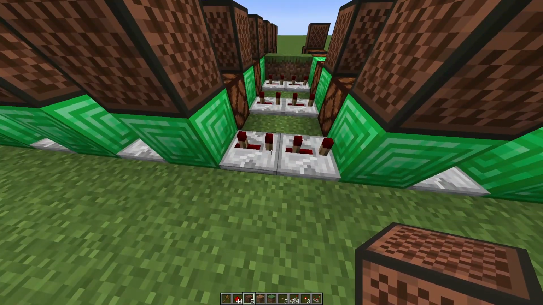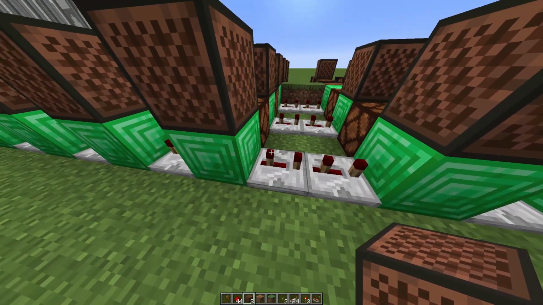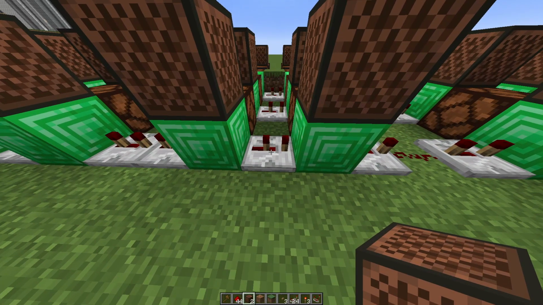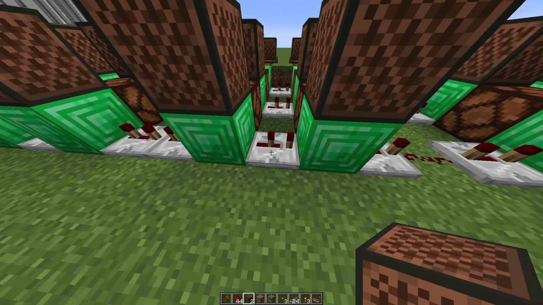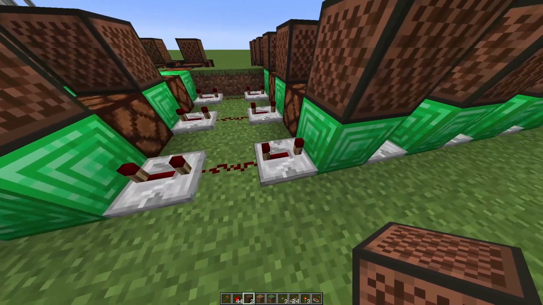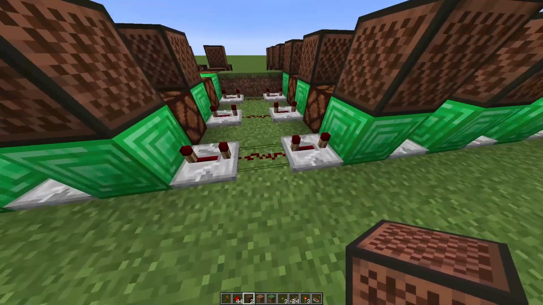Then 2 repeaters set to second from last setting, and then another repeater with a single tick, a single click, and then another set of doubles with 4 delays on them.